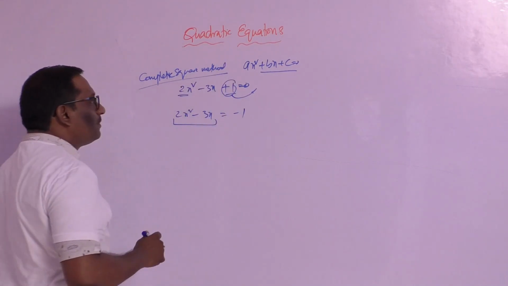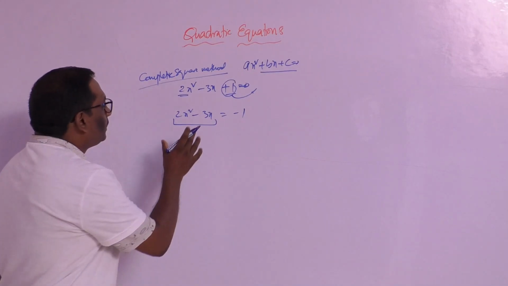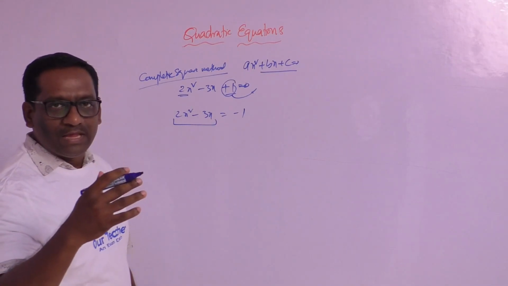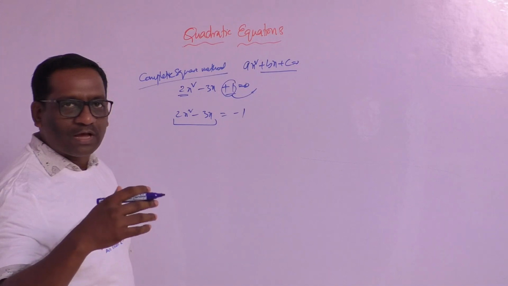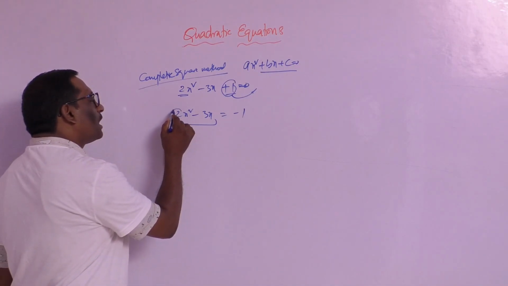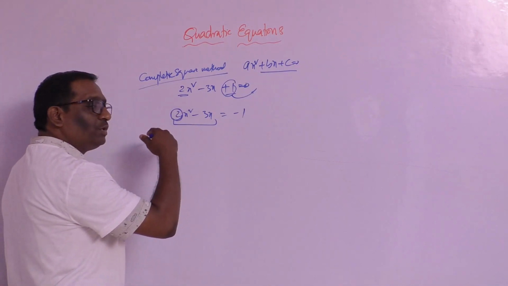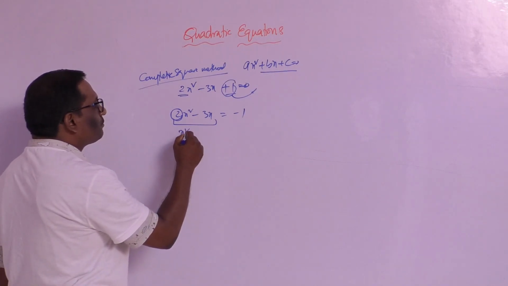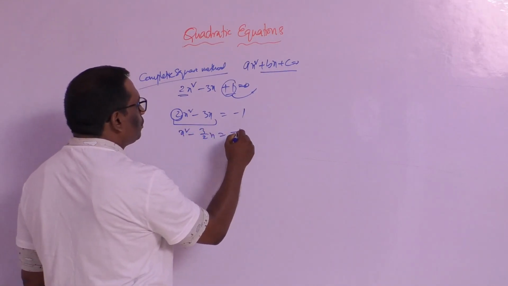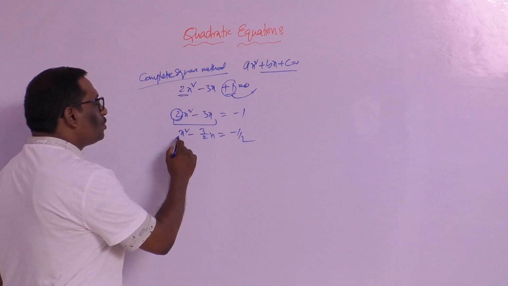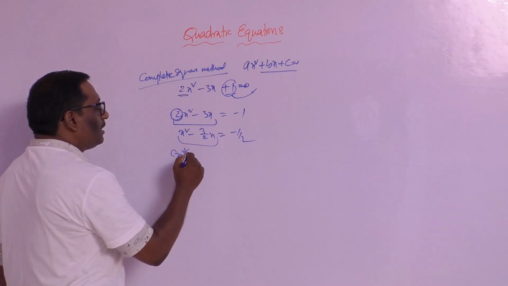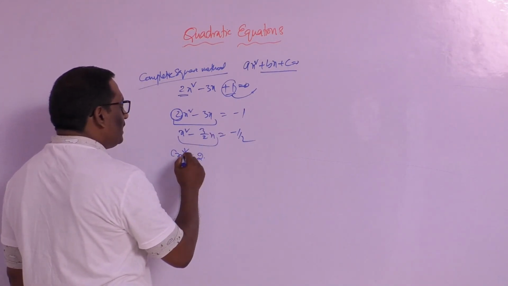By the completing square method, we will convert these two terms into a minus b whole square or a plus b whole square. In order to convert that, we have to divide the whole equation by 2, so that you will get x square minus 3 by 2 x is equal to minus 1 by 2. Now we can convert this: x whole square, and minus 2 times a times x.